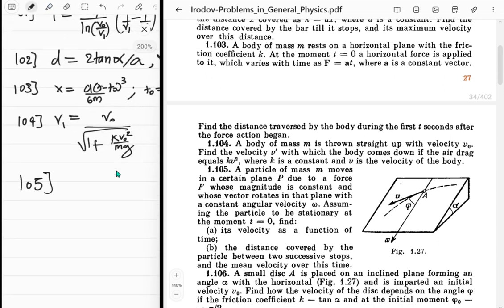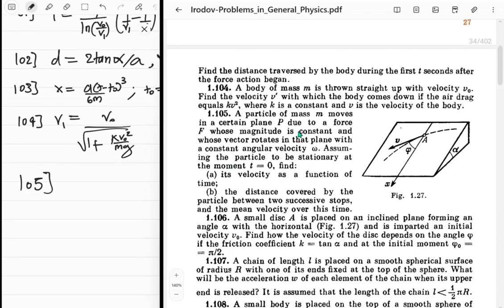105. A particle of mass m moves in a certain plane p due to force F whose magnitude is constant. Is this figure about that? Whose vector rotates in that plane with a constant angular velocity.